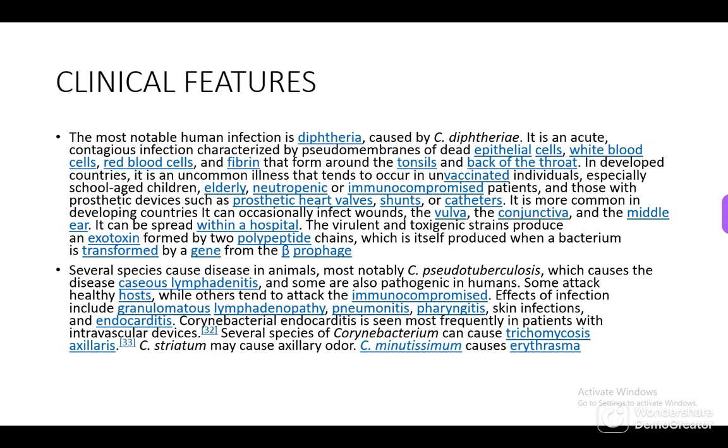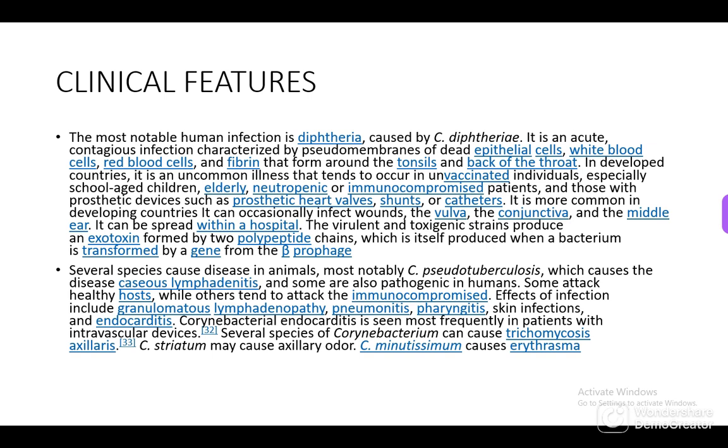In developed countries, it is an uncommon illness because of high vaccination. It tends to occur in unvaccinated individuals, especially school-aged children from 3 years onwards.